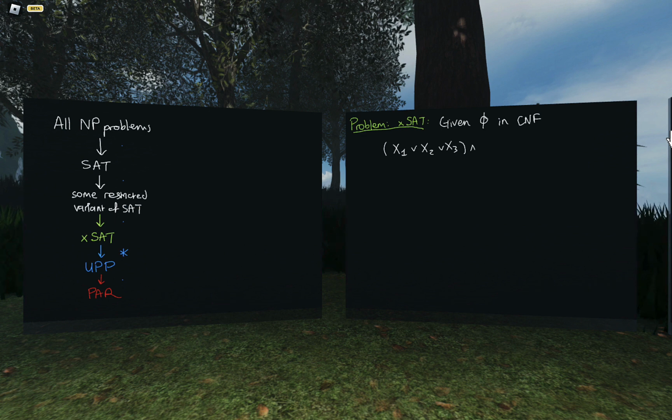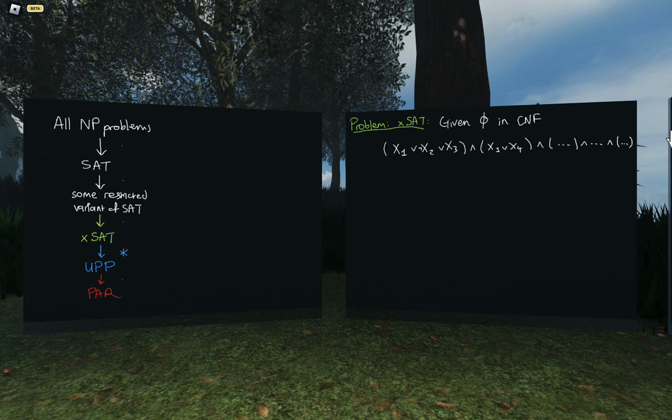So these are disjuncts connected in conjunction with other disjuncts, X1 or X4, for example. And we keep going. It has maybe many of these. And actually, some of the variables might be negated. They don't all have to be positive like this.